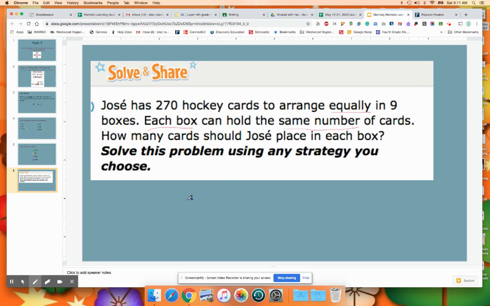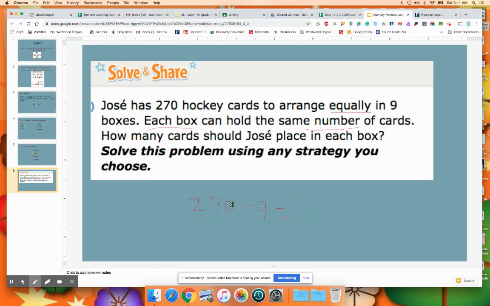If we're continuing with the idea of using our basic facts, our dividend is 270. We're breaking it equally into 9 groups. So how many in each group? Let me change my color. My basic fact is 27 divided by 9, which gives you 3.